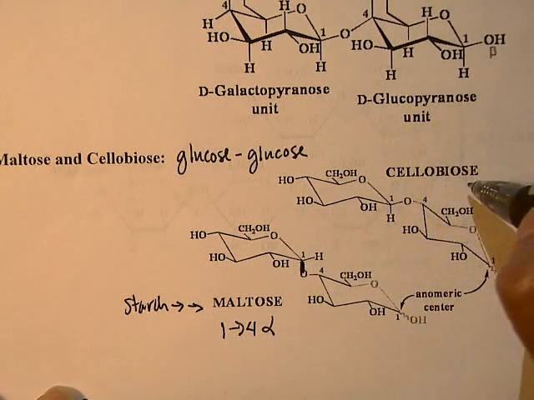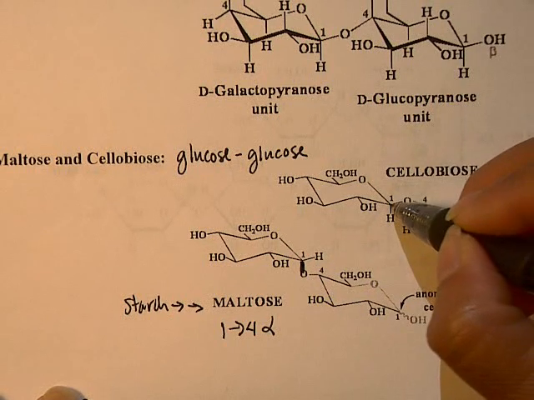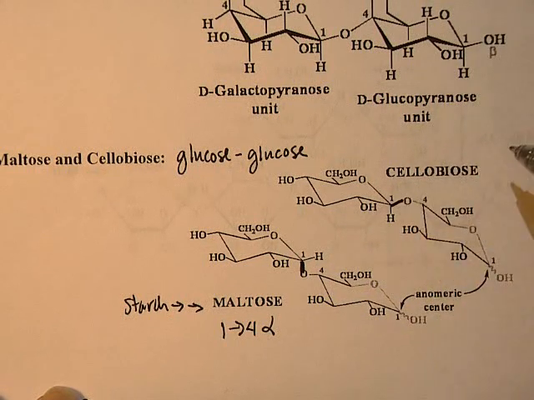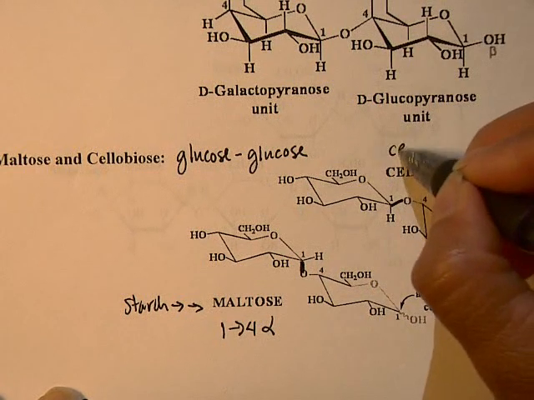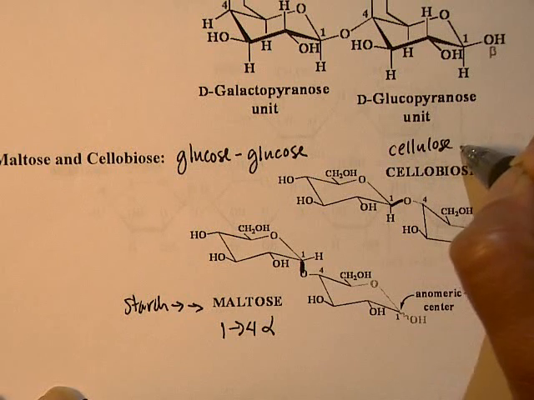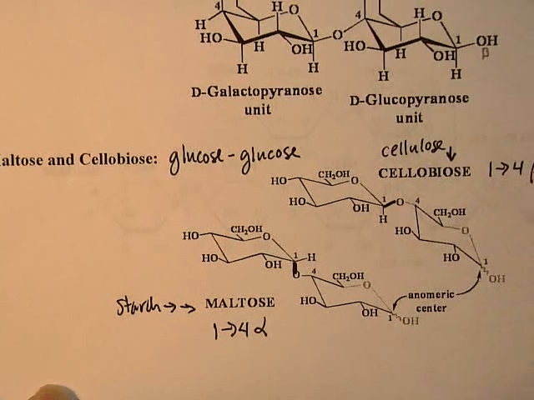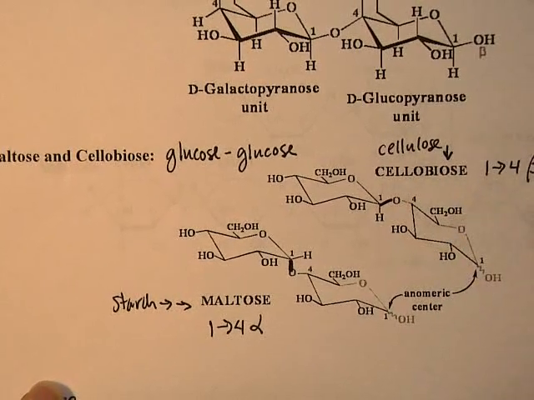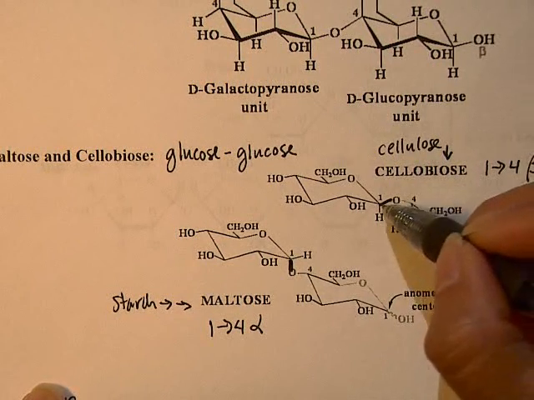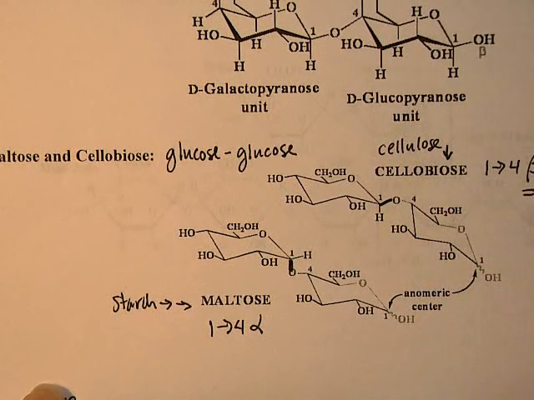Whereas in cellobiose, notice the linkage is beta. So 1 to 4 beta. And this is what you get when you break down cellulose. And we don't have an enzyme that breaks cellulose down. Our enzyme does not recognize the beta glycoside linkage.